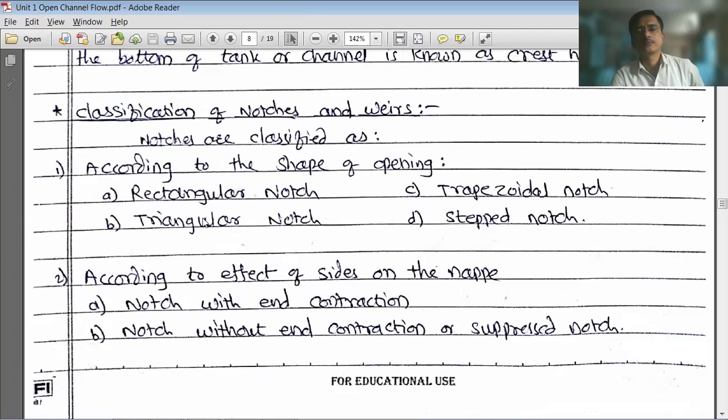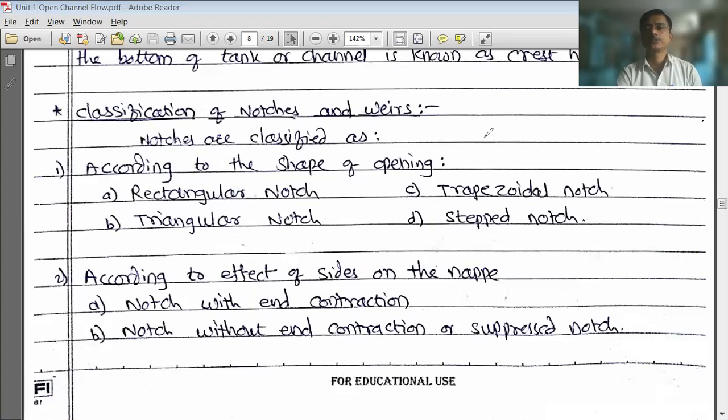Like the first one, rectangular notch, triangular notch, trapezoidal notch, and stepped notch. What is the meaning of rectangular notch? The notch having a rectangular shape like this will be called a rectangular notch.